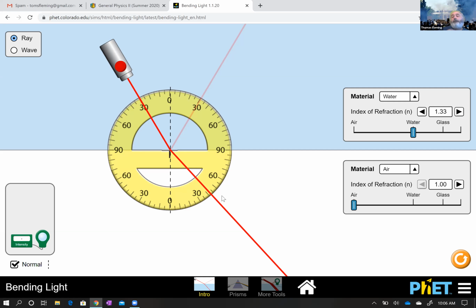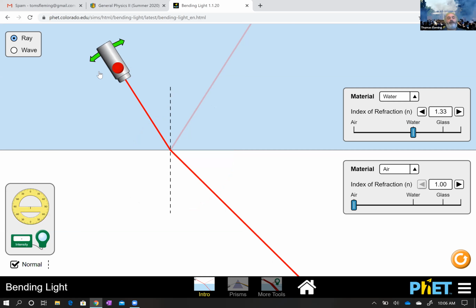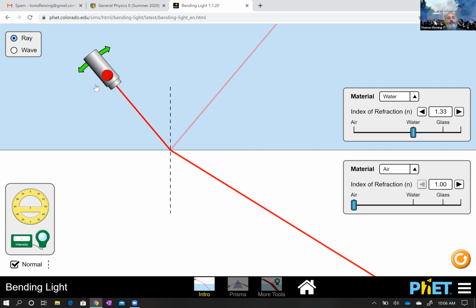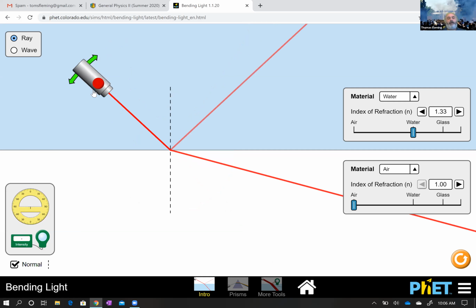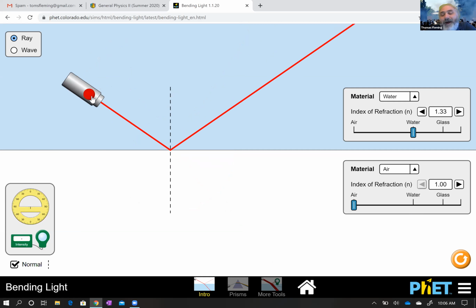So that works fine. But watch what happens as I make my angle of incidence get larger and larger. Oh, wait. So out here, what's happening is I don't get any refracted beam at all, right? My light is inside the water, and when it tries to leave the water, it can't enter the air at all.